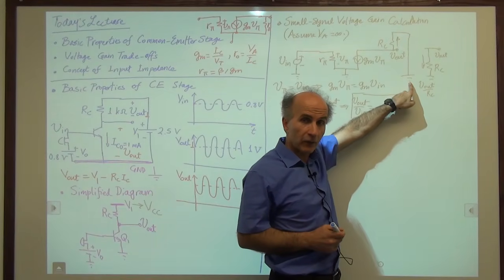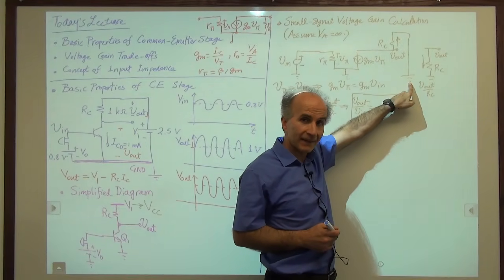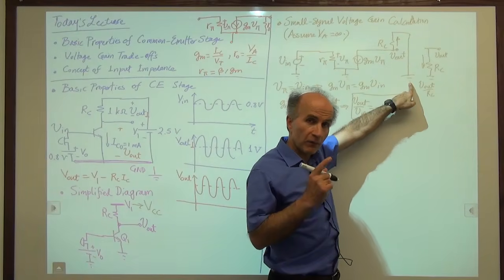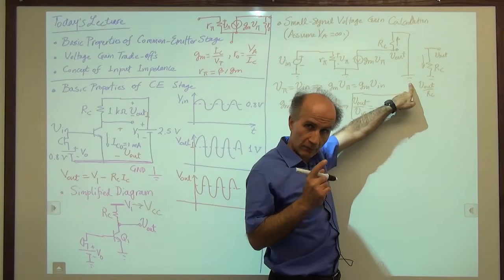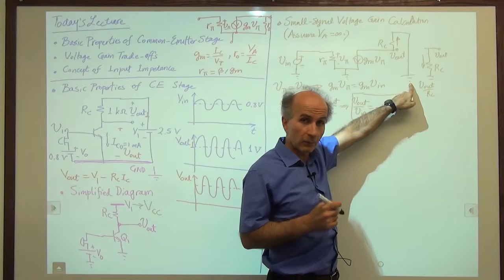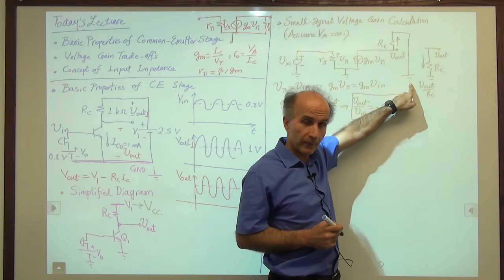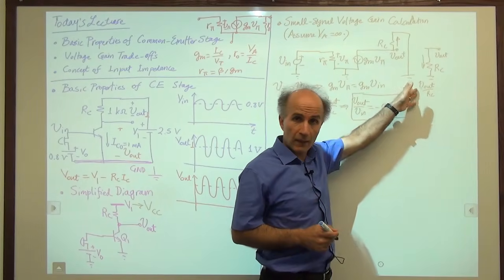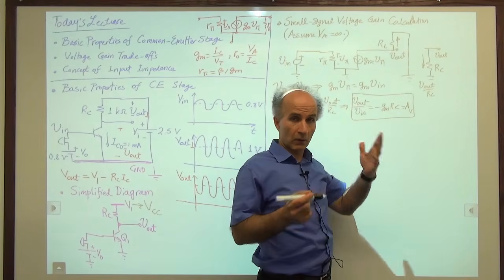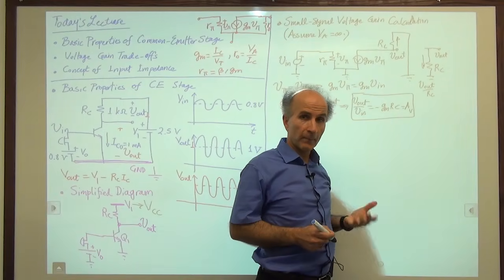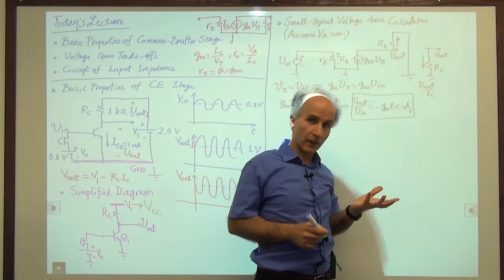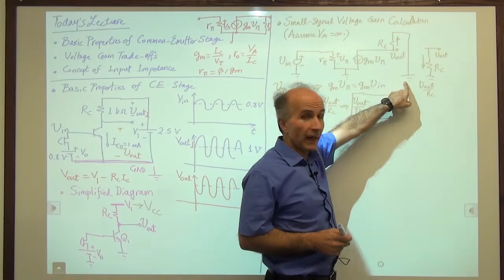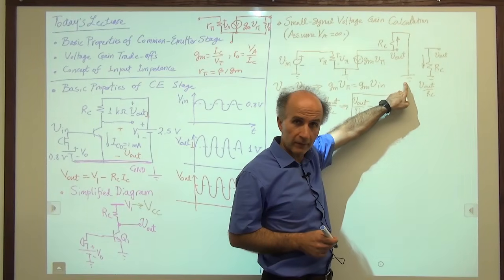But this ground came about for a different reason. This ground came about because we set the voltage V1, that voltage source, that VCC or V1, to 0, because its value doesn't change. Now, as far as this model is concerned, this is a ground, this is a ground, they're equally good, they're all created equal, no problem. But sometimes, just to distinguish things, we might call this an AC ground.